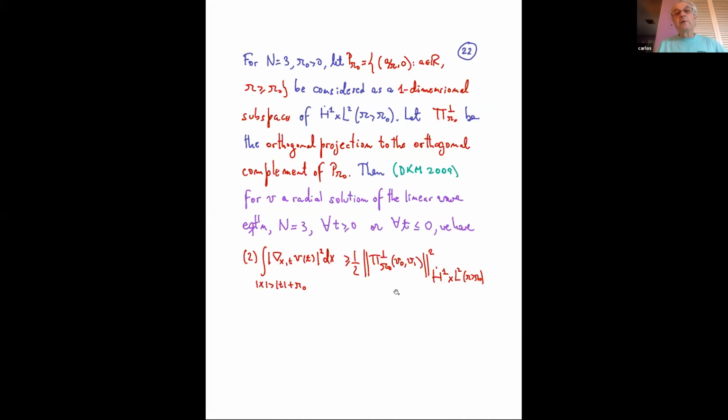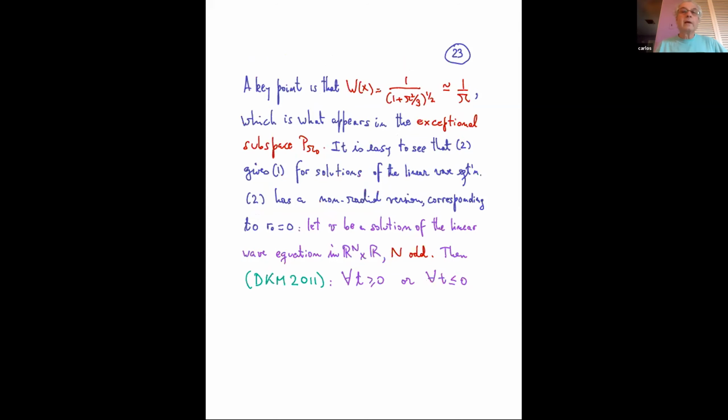And fortunately, we project out of this space, so the right-hand side would also be 0. But what this inequality says is that that's the only exception. Now, a key point of why this is useful for the nonlinear problem is that the ground state W is asymptotically like the Newtonian potential. And that's the connection between the two things.